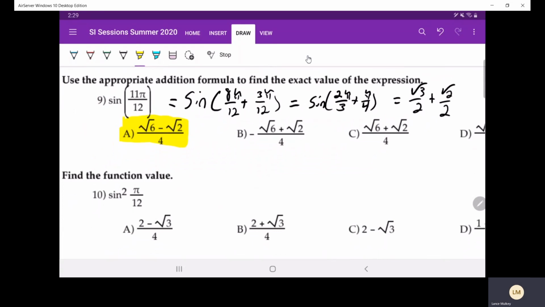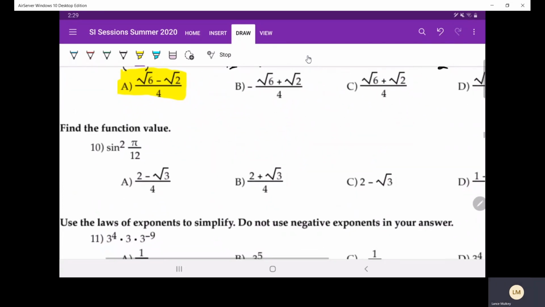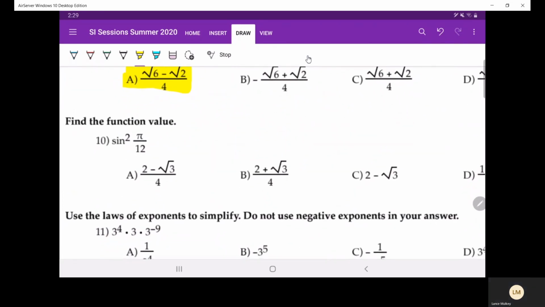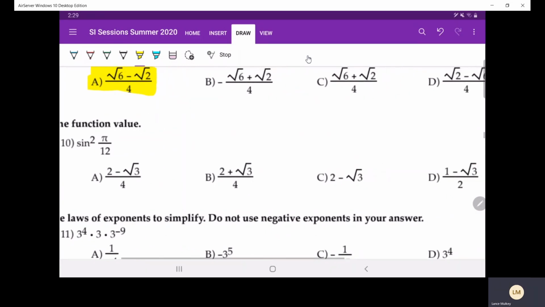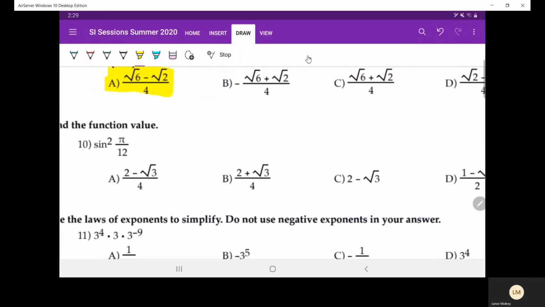I don't even remember this. All my years of math. And here's another one like it. So what you do is you just find sine.